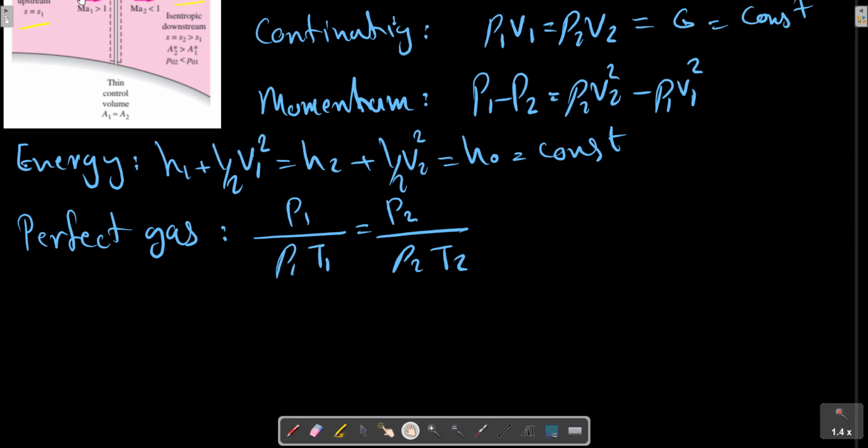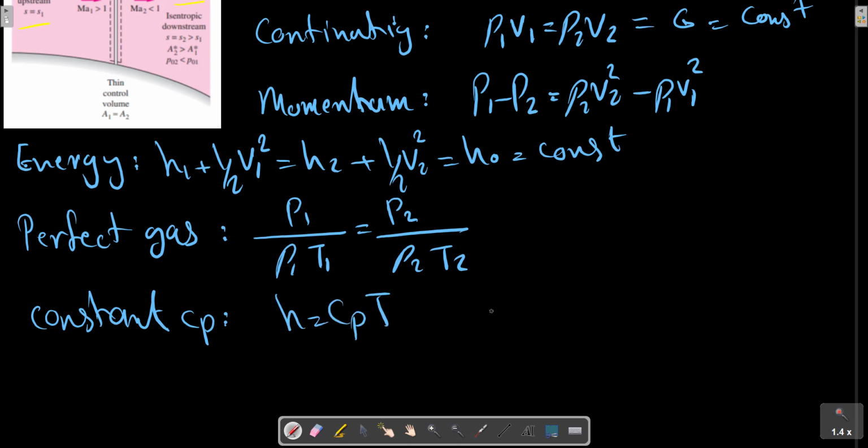We also have a relation for the isentropic coefficient, with constant Cp, H equals Cp T, and K constant, Cp on Cv. Note that we have cancelled out the areas, which is justified even in a variable-area duct because of the thinness of the wave.